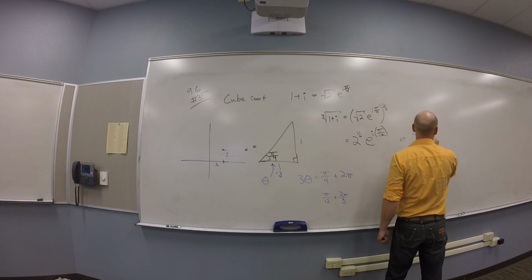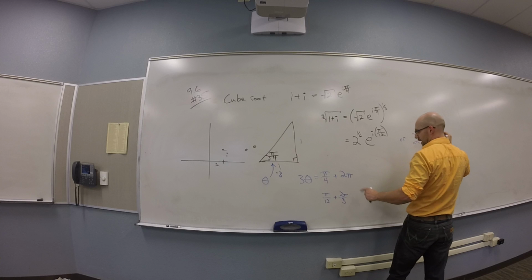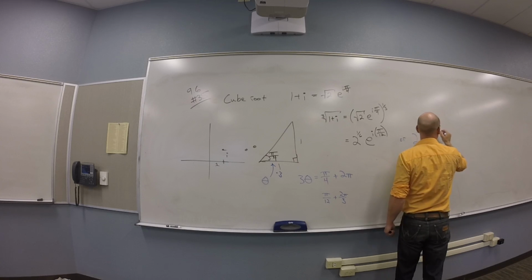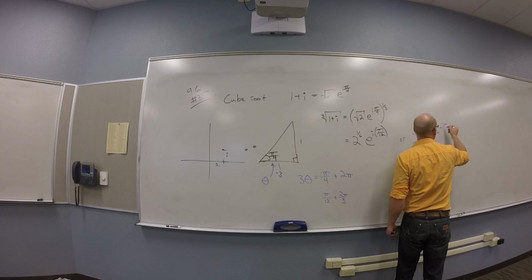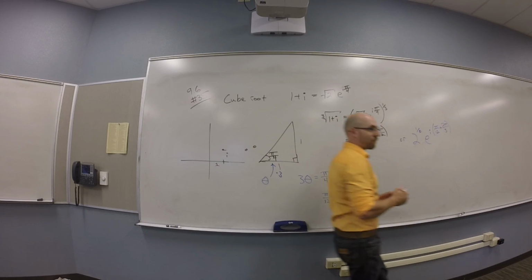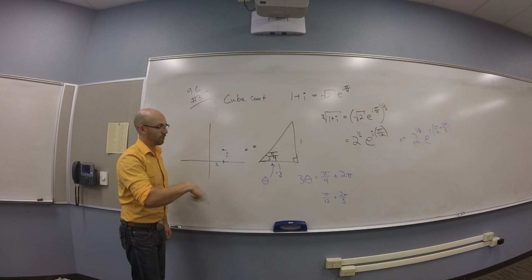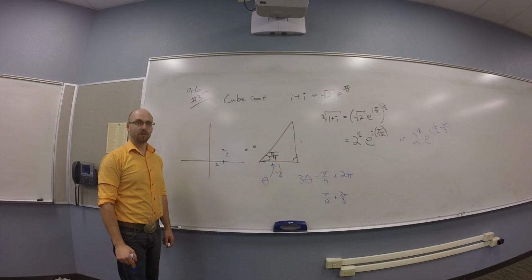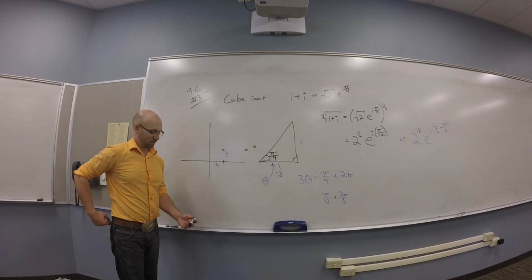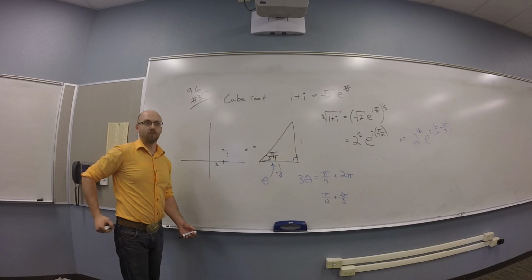2 to the 1 over 6 e to the i, pi over 12 plus 2 pi over 3. What if you went around once after you tripled? So what's the other option? 4 pi over 3. What if you went around twice?